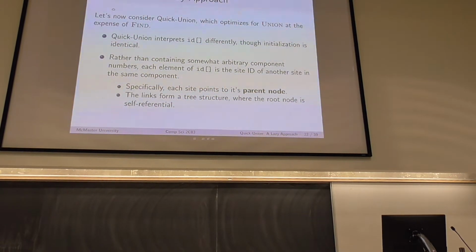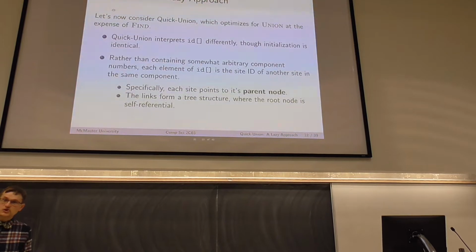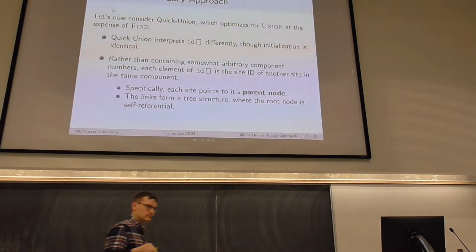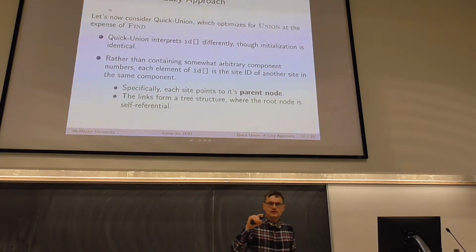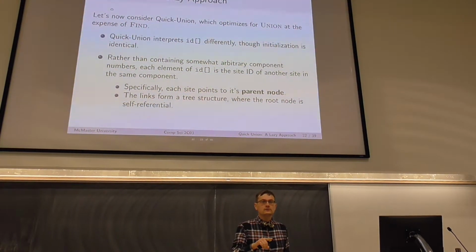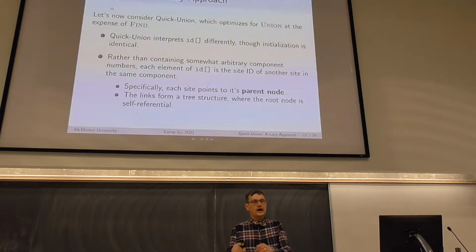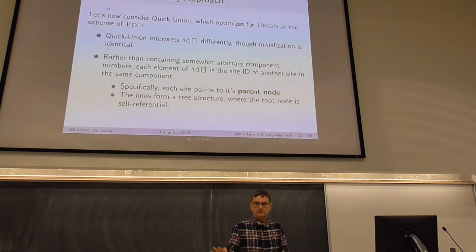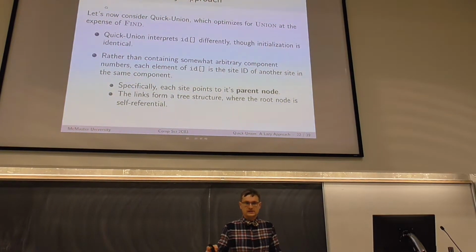Rather, we are connecting the sites to other sites via that array. All right? So every node will point to another node via this index. It's like pointers, but without the memory addresses, right?